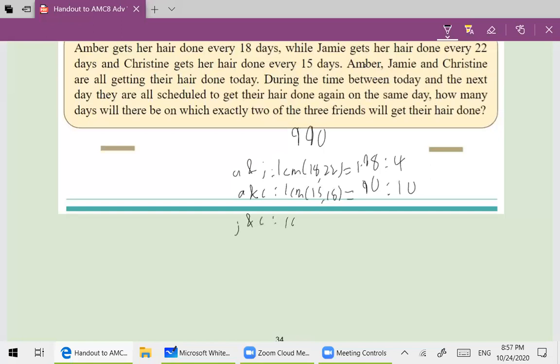And J and C, LCM of 15 and 22 equals 330, which makes a total of 2 days in common.